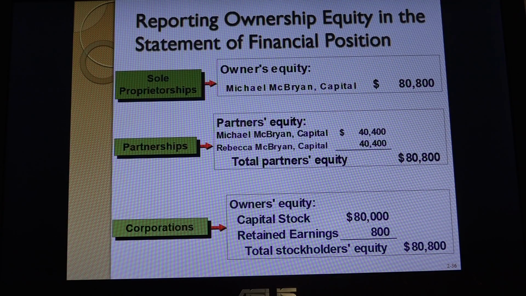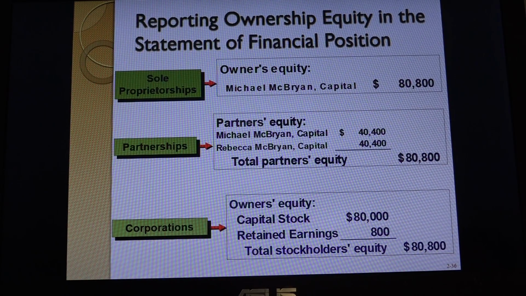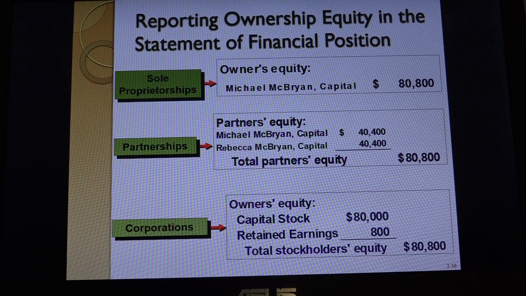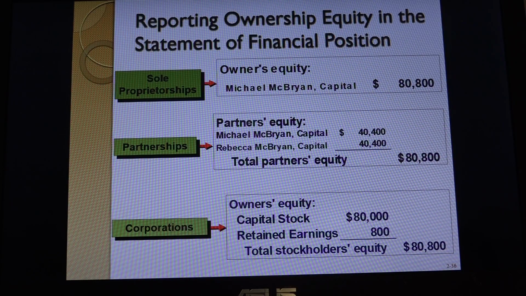And then corporations, you have stock that you've sold to owners, the shareholders. And then you have retained earnings, which is a separate line item. And then the total, either stockholders' equity.